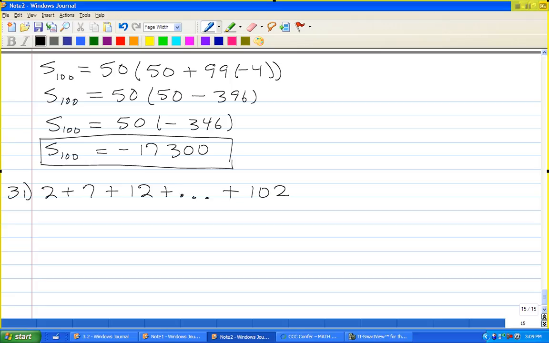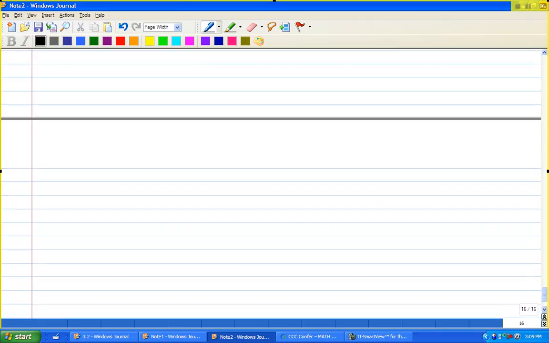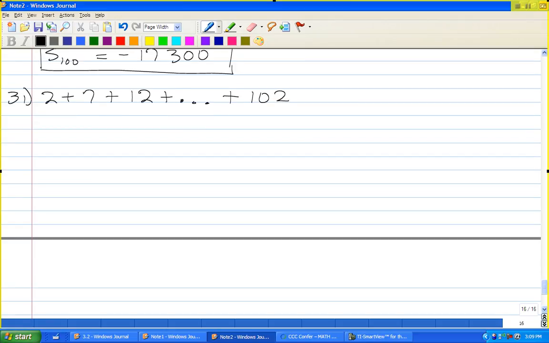So let me use the fact that the underlying sequence here is an arithmetic sequence. And let me use the formula for the general term of an arithmetic sequence. a sub n is a sub 1 plus n minus 1 d. So to find the position of the last term, I'll just let a sub n equal 102.